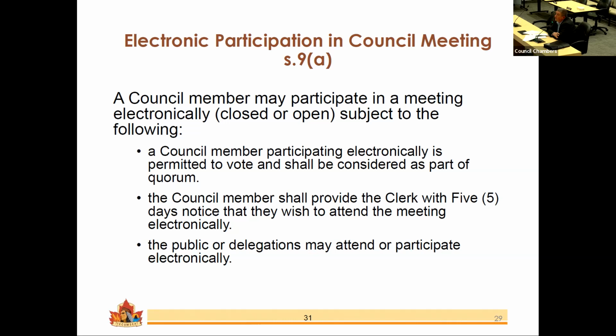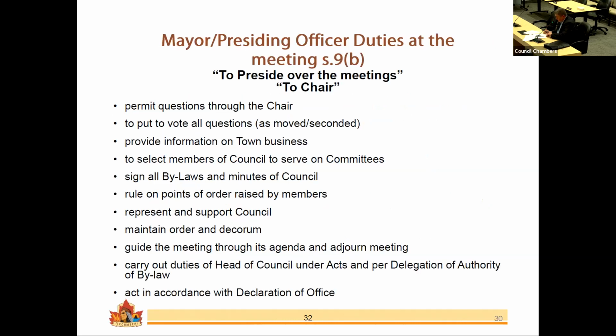Section 9A allows for electronic participation. The members who do participate electronically are permitted to vote and definitely considered or counted as part of quorum. The council member is to provide the clerk with 5 days notice that they wish to attend the meeting electronically. And certainly the public or delegations may participate electronically as well.